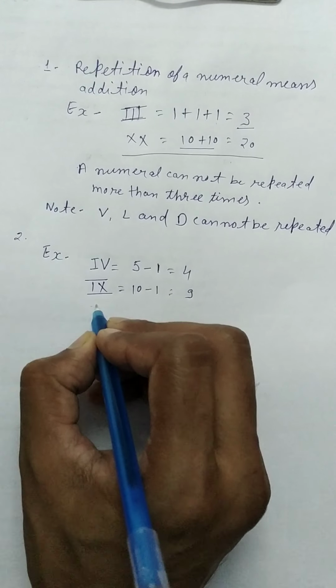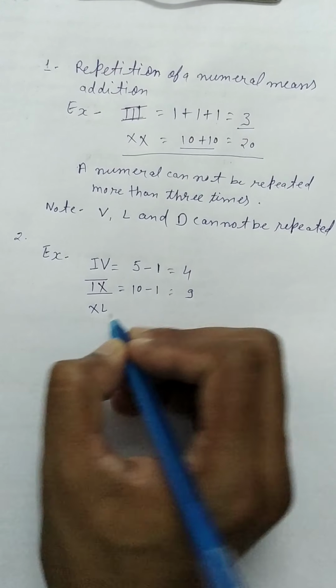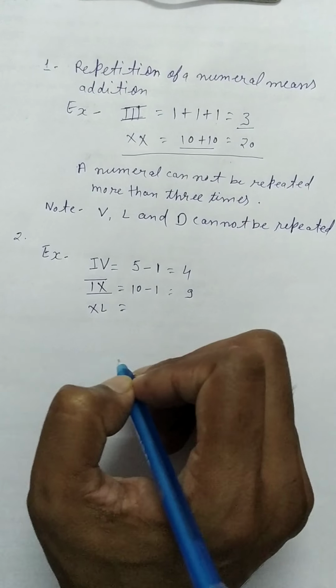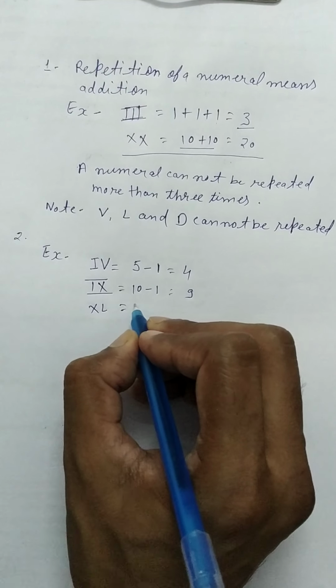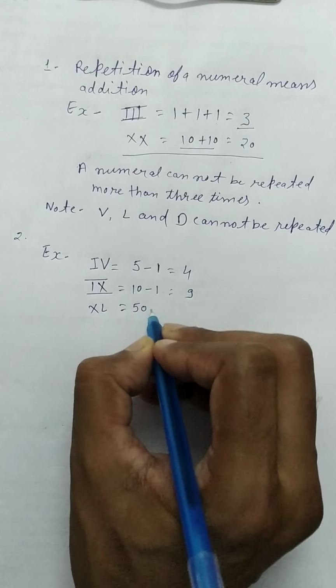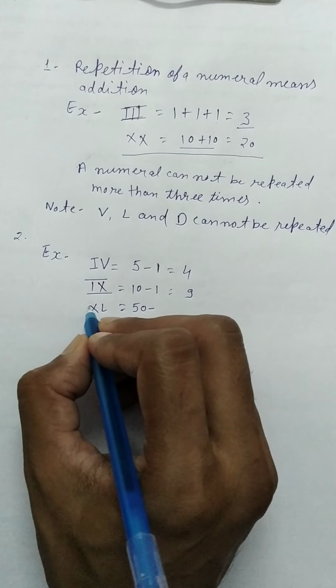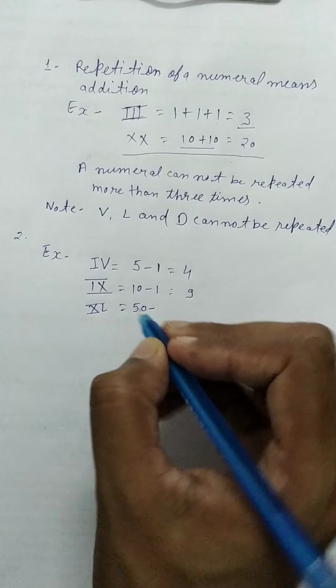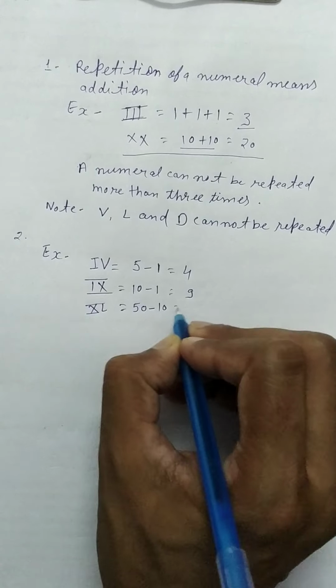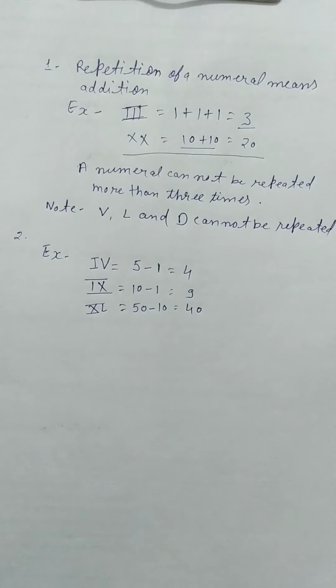Then XL. The value of X is equal to 10 and value of L is equal to 50. So 50 is the greater value and X is written before the L, then this will be 50 minus 10, 40. This is the second rule.